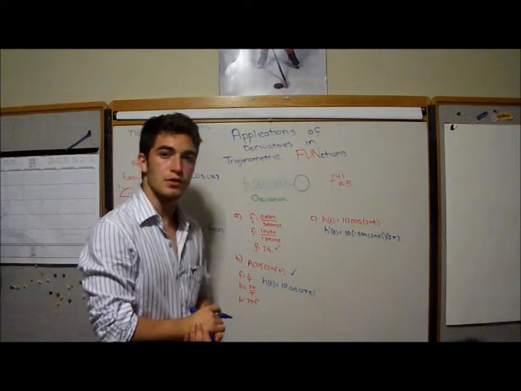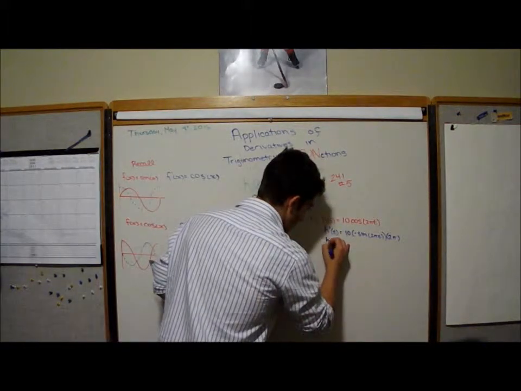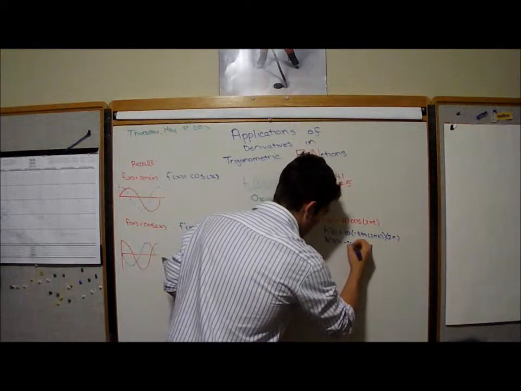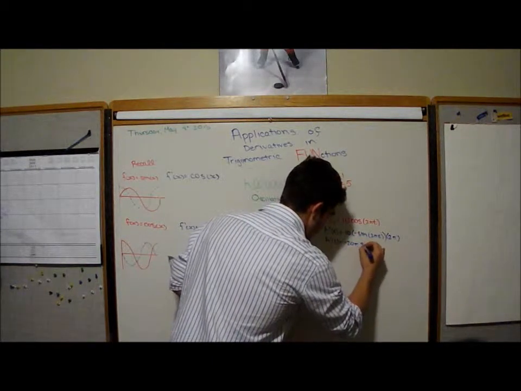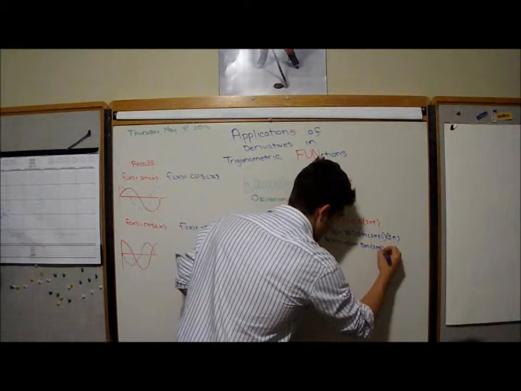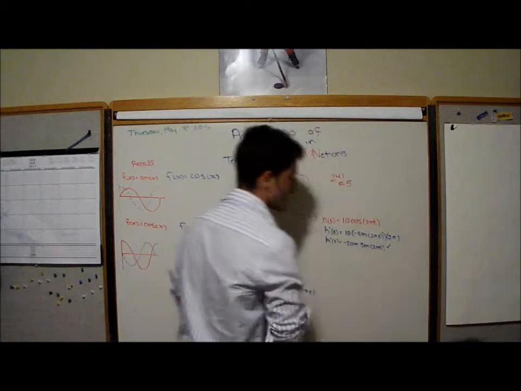Now all we have to do is simplify. Negative 20 pi sine 2 pi t. Once again, another simple bread and butter mark.